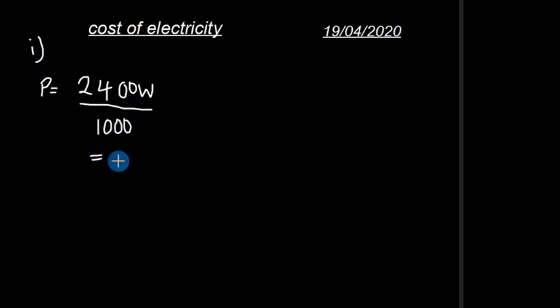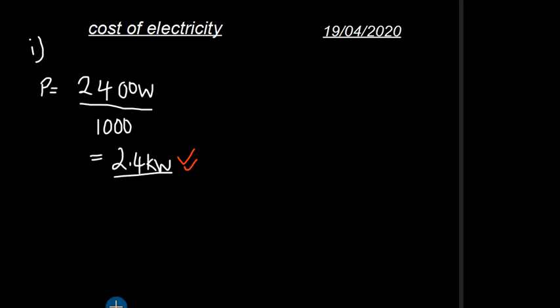So this gives us 2.4 kilowatts. That is all, and you get the 2 marks. If I'm marking your paper, I would give you 2 marks for that.